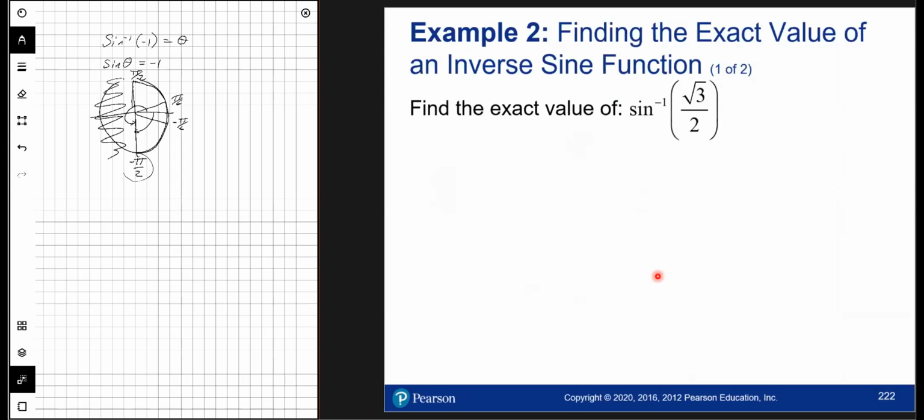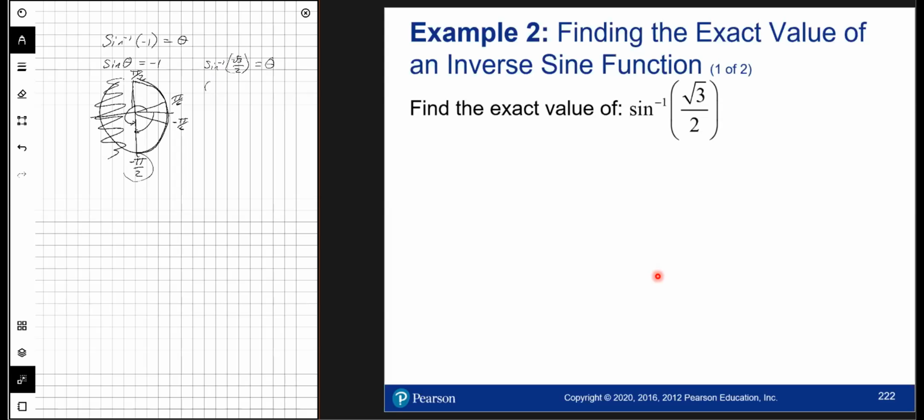Now, to find the exact value, if we want to find the sine inverse or inverse sine of the square root of 3 over 2, we want to find that angle.